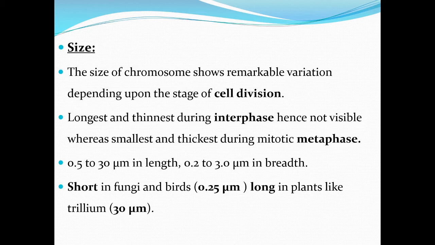The size of the chromosome ranges from 0.5 to 30 micrometer in length and 0.2 to 3 micrometer in breadth. It is short in fungi and birds, like 0.25 micrometer, and it is long in plants like Trillium, 30 micrometer.